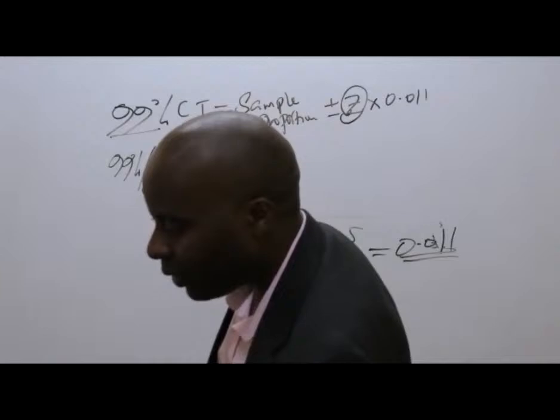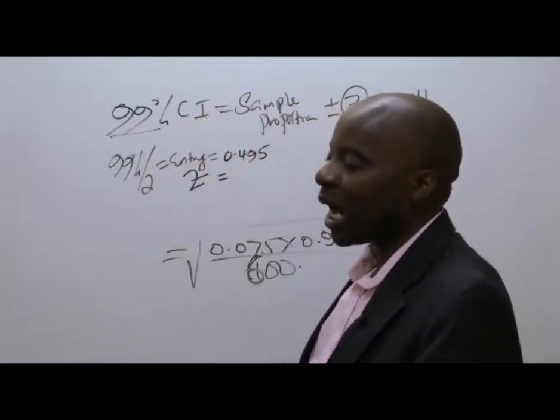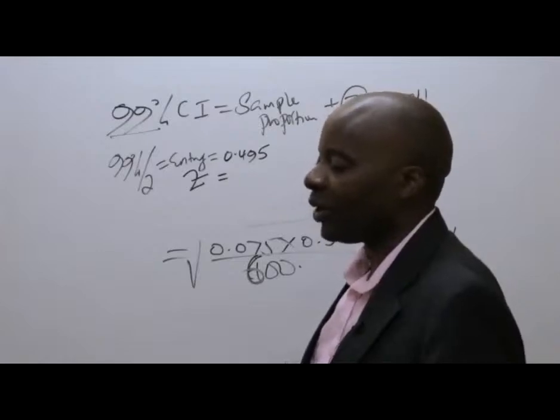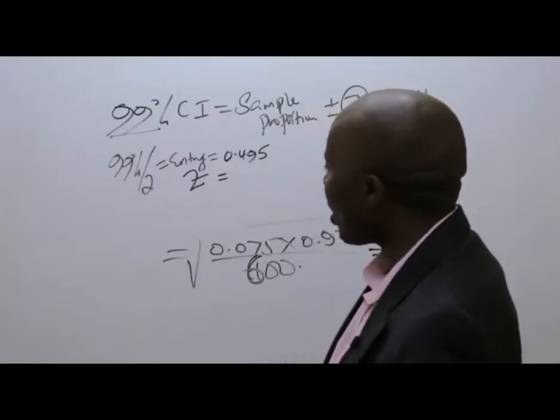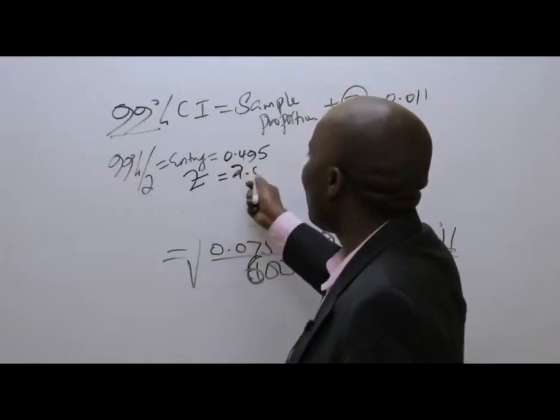Somebody is giving me a figure of 2.58, another one 2.57. Those are correct. All of them are correct. You can even get an average. Rounding off errors are acceptable. So let's work with 2.57.